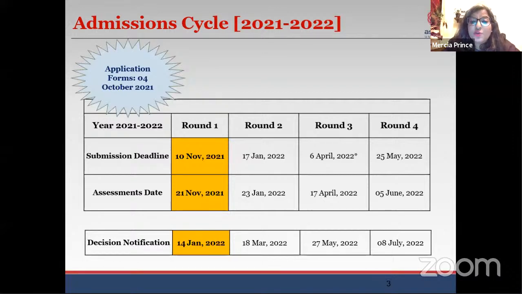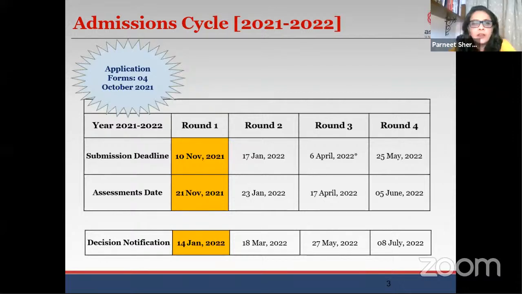However, your form will not deactivate. And so if for some emergency or some reason you are unable to submit it within round 1 or an early round 2, because these are our early rounds, you may still be able to submit. You will still be able to submit it in round 3 and round 4. So you don't have to restart or start a new form or worry about that. You can pick up from wherever you've left off.